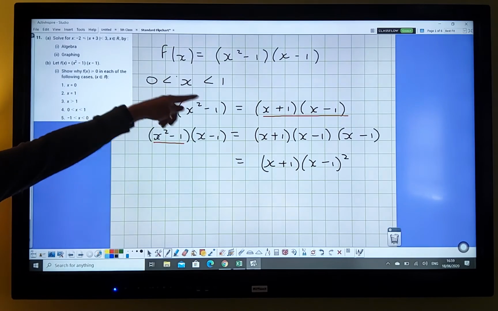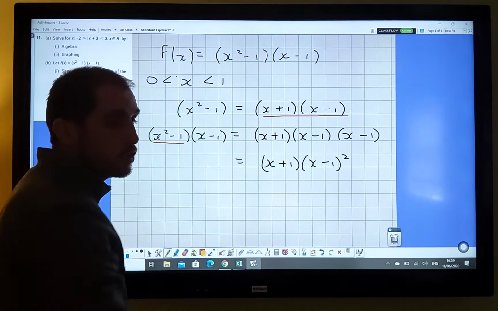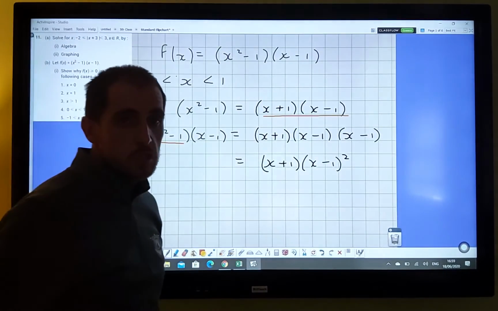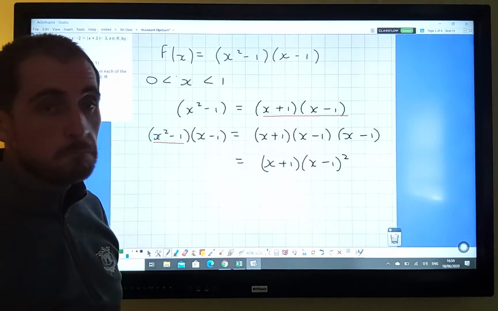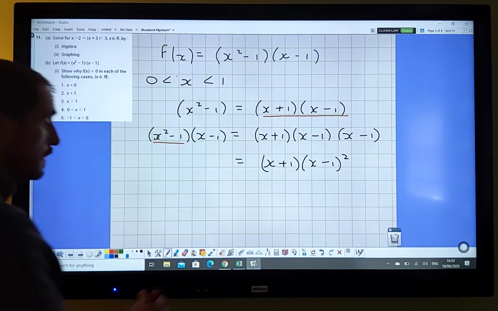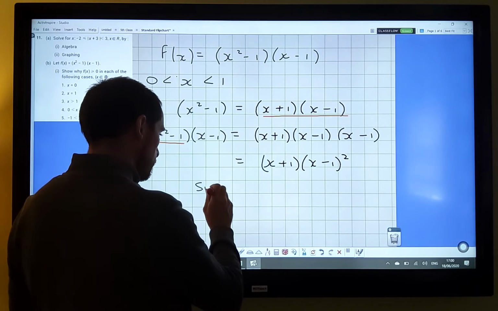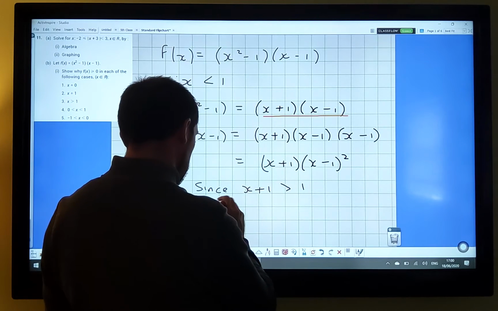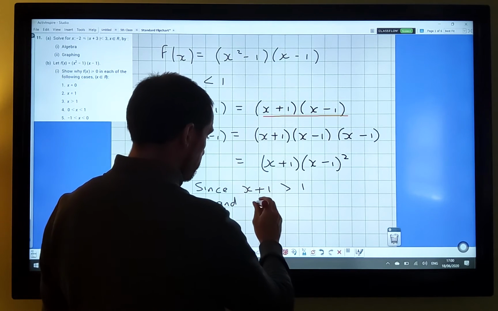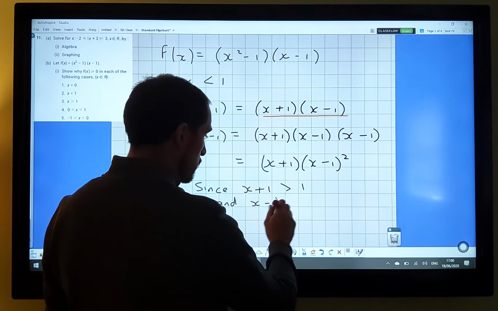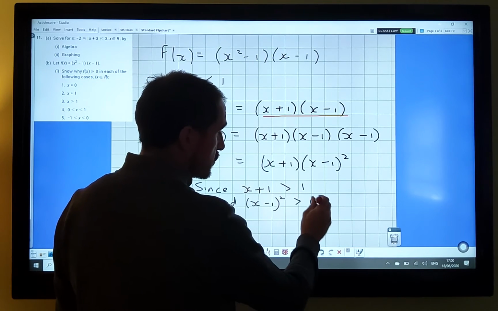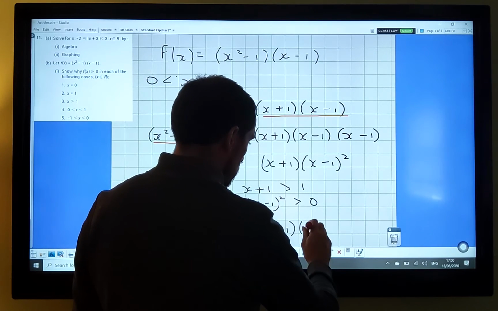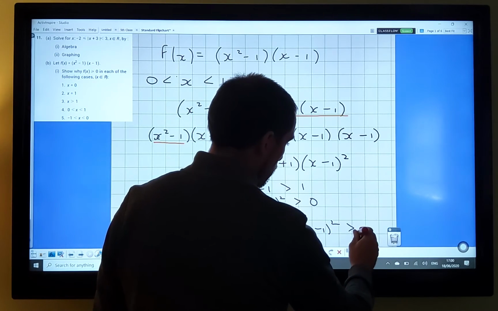Now x is greater than 0 but less than 1, so x plus 1 is going to be 1 point something, and this is a squared number, so it has to be positive. Since x plus 1 is greater than 1, and (x minus 1) squared has to be greater than 0 because it's a squared number, therefore (x plus 1) times (x minus 1) squared must be greater than or equal to 0.